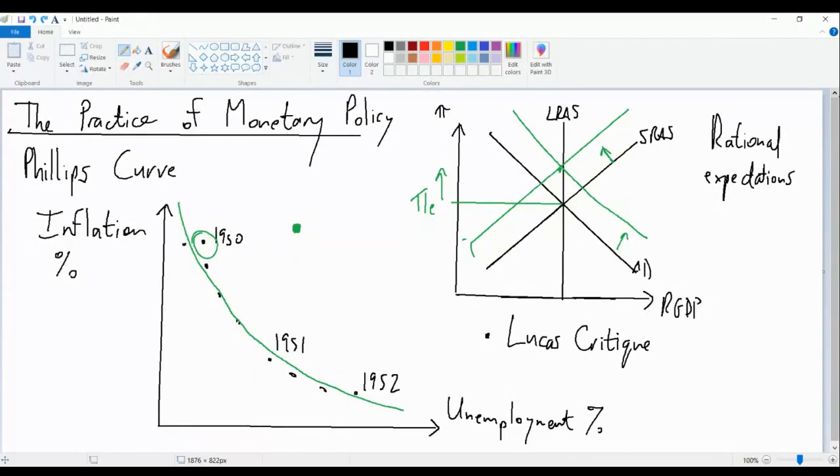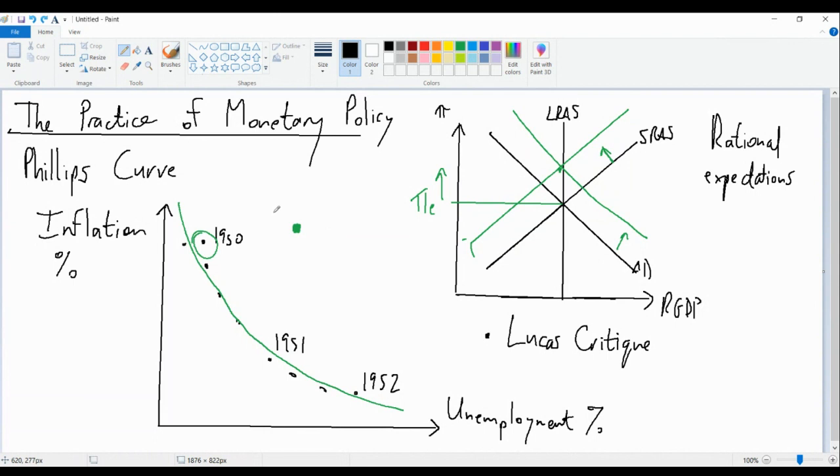In one case, if policy is, let's say, a surprise, then it's not expected and it's not factoring into expected inflation, so it'll have a certain impact. On the other hand, if the policy is announced and expected, like in this case that we were discussing just now, then the expected policy may have a completely different effect, right? So, for example, if the Fed had inflated by surprise, we might have ended up here. But if the Fed announces its intention to inflate, you end up here. That's the idea of the Lucas critique.